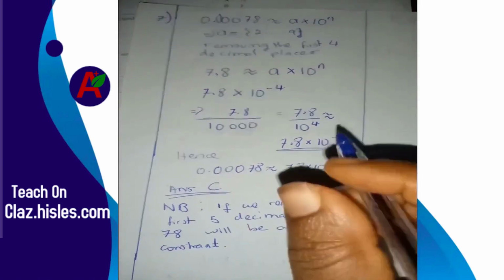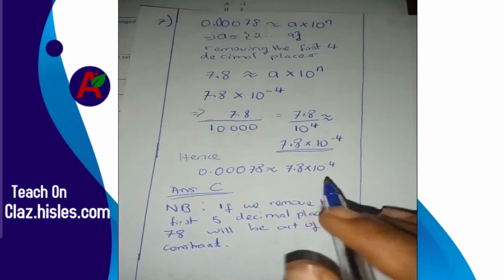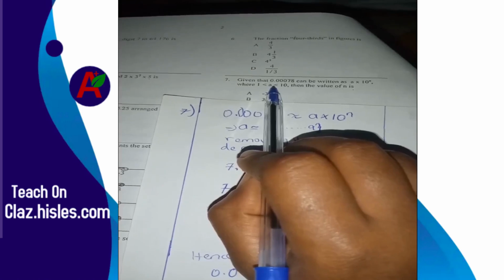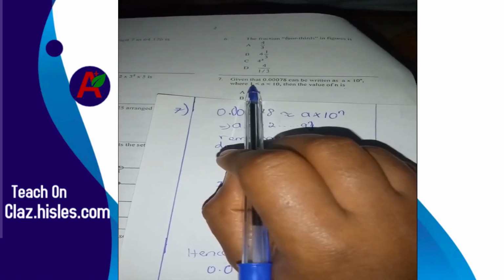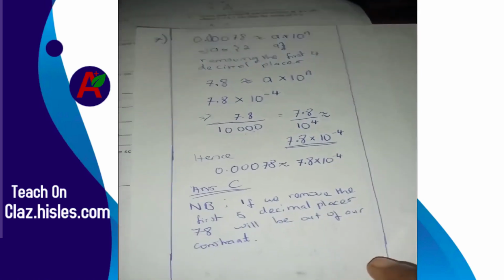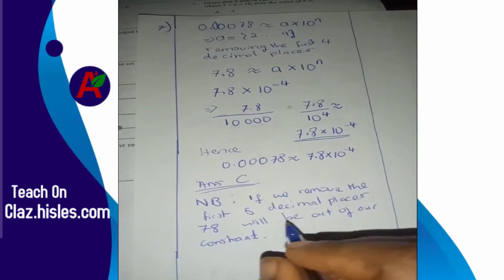And this is our constraint. Our constraint says that 1 is less than A and A is less than 10. So A falls between 2 and 9. Hence we move here. This is why.